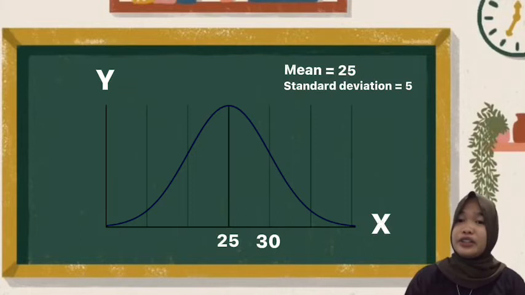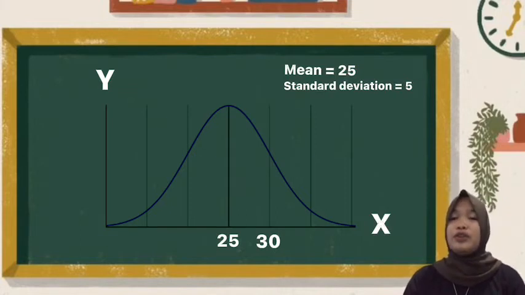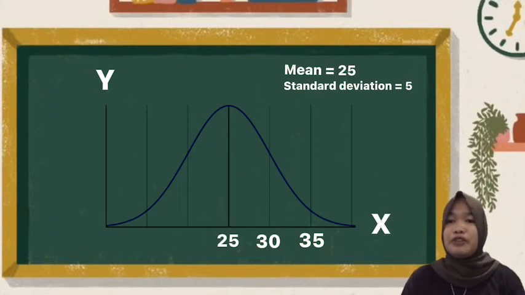One standard deviation to the right of the mean. So, magiging 30 kasi 25 plus 5. Another fluctuation, 30 plus 5 is equals to 35. Another fluctuation, 35 plus 5 is equals to 40.